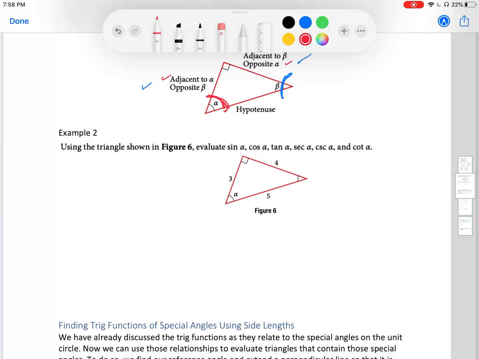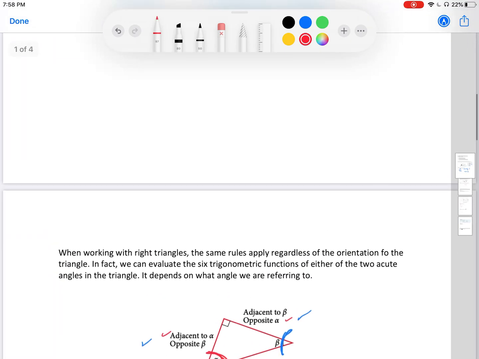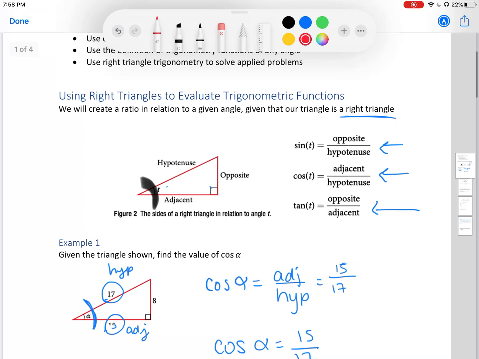Using the triangle shown in figure 6, evaluate sine alpha, cosine alpha, tangent alpha, secant alpha, cosecant alpha, and cotangent alpha. Okay, well, I failed to list the reciprocals, but just like we have our original 3, we have our reciprocals. They're the same values, but a flipped fraction.